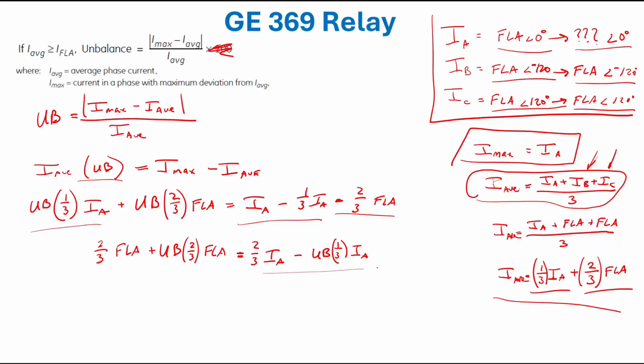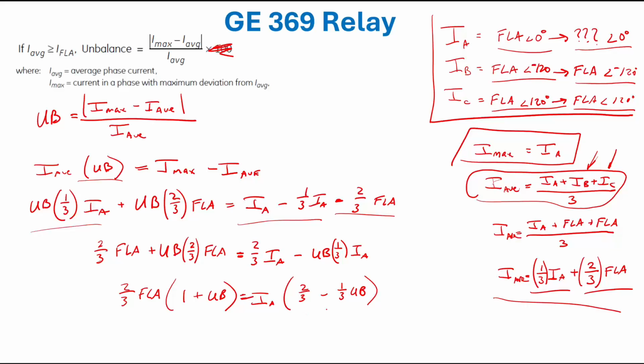So we have IA, this is 2/3 minus 1/3 UB, okay? And then we have on the left side, it's 2/3 FLA, 1 plus UB. And this is an equals in the middle.